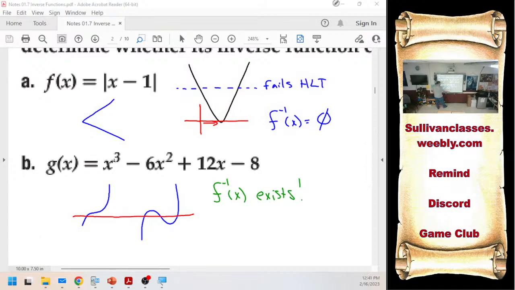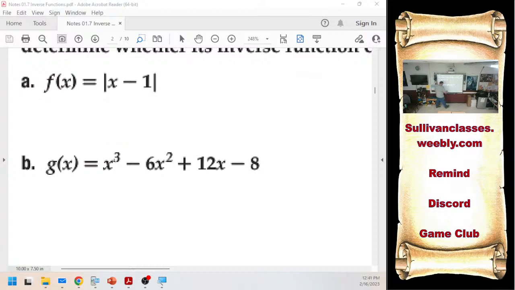How do you know if you use the horizontal line test or the vertical? A vertical line test is for function.